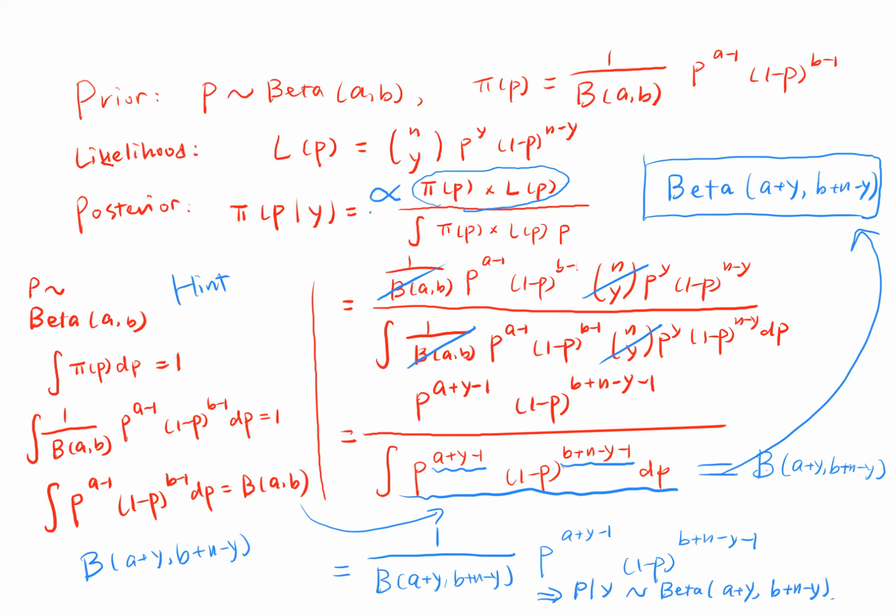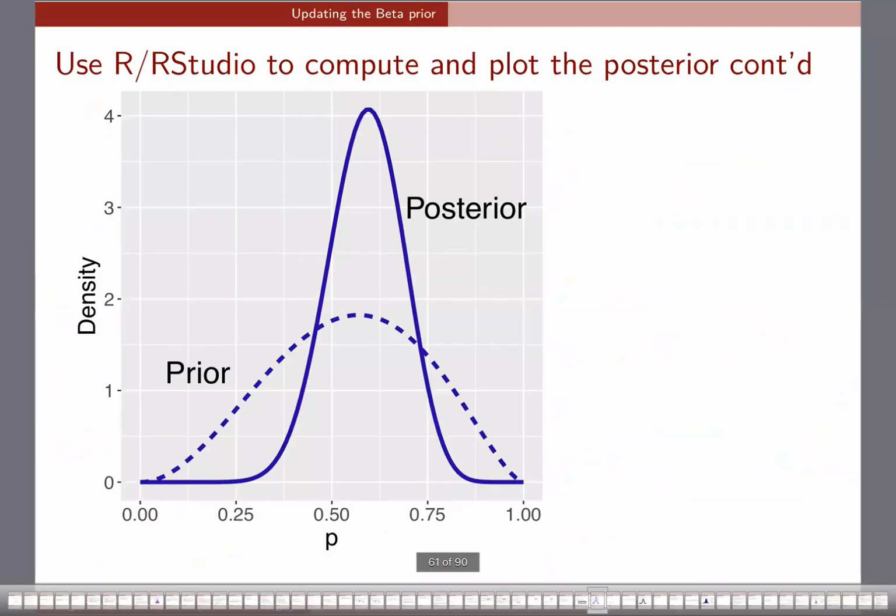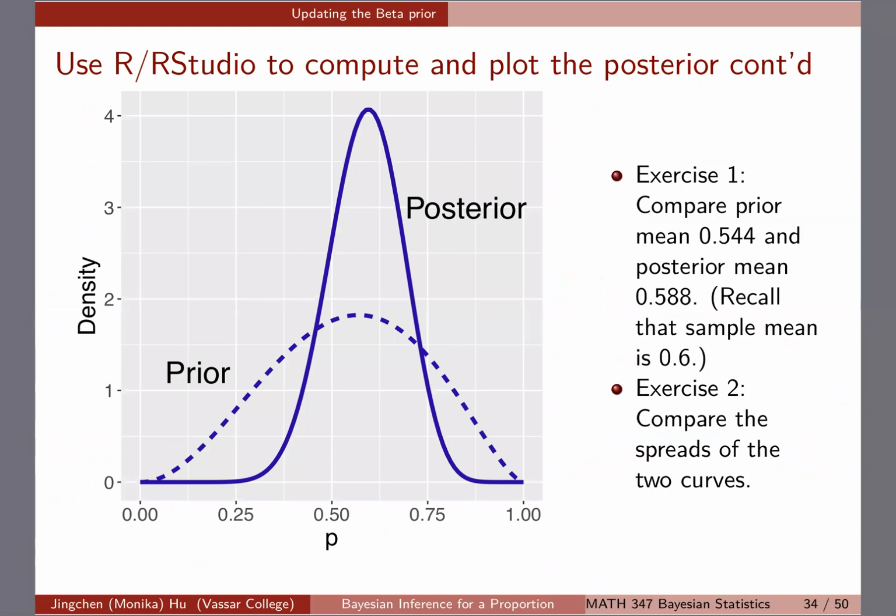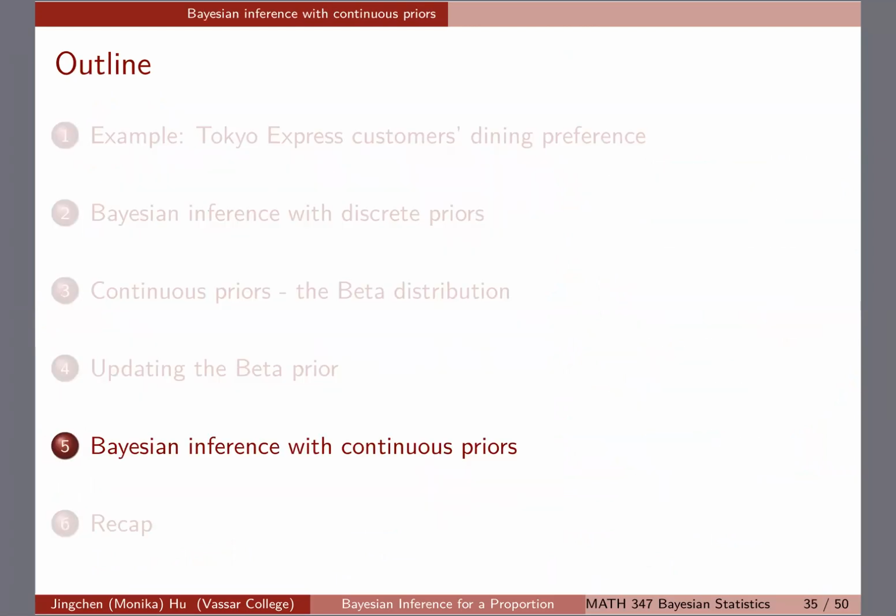Bayes' rule typically is used in the way that I am highlighting over here, where you care about the non-constants and everything else can go into the proportional sign. Okay? So that's for this section of updating the beta prior. I think we covered this, okay.